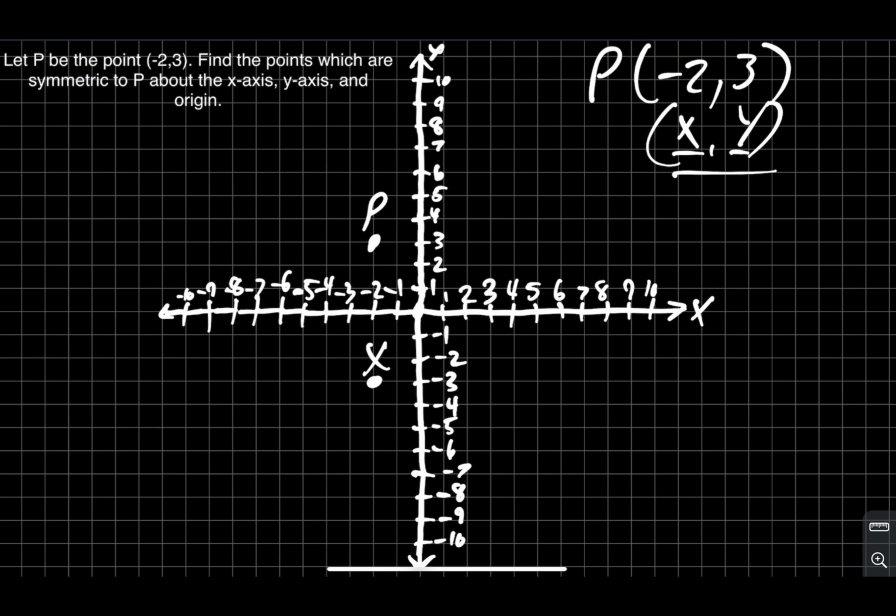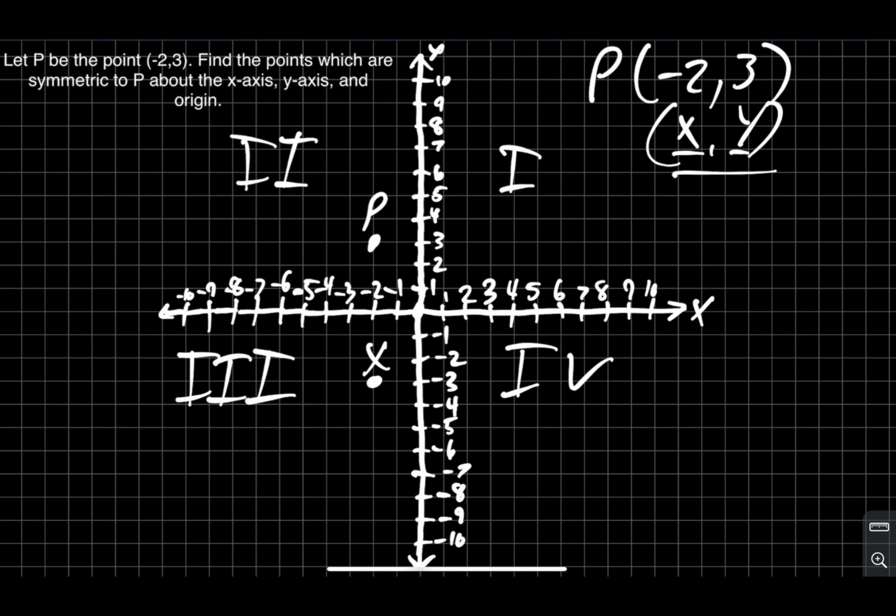Now, why does this formula work? Why does (x, -y) work? What you want to know is that you have 4 quadrants. This is quadrant 1, quadrant 2, quadrant 3, and quadrant 4.